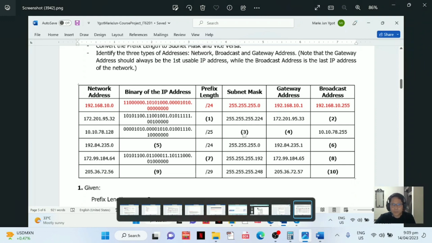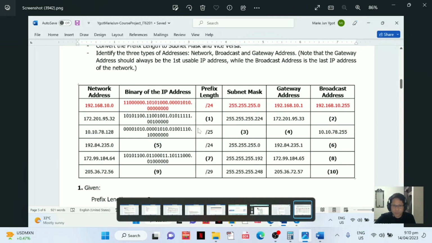Our problem number 3 is we are going to find the subnet mask. So in order to get the subnet mask, we need to know the prefix length.